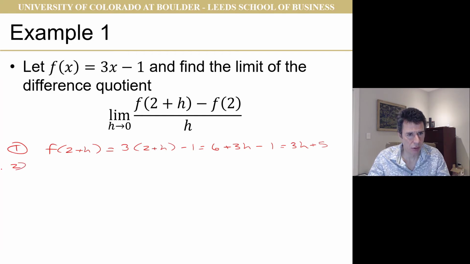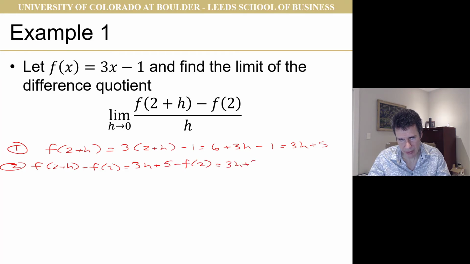Okay, step 2 is f of 2 plus h minus f of 2. So that's going to be the result of step 1, 3h plus 5, minus f of 2. F of 2, if we plug 2 into our function, we get 6 minus 1 is 5, so minus 5. And as you see, that's equal to 3h.